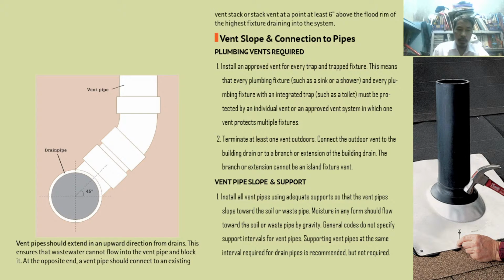At the opposite end, the vent pipe should connect to an existing vent stack, or stack vent, which is a vertical pipe, at a point at least 6 inches above the flood rim of the highest fixture draining to the system.